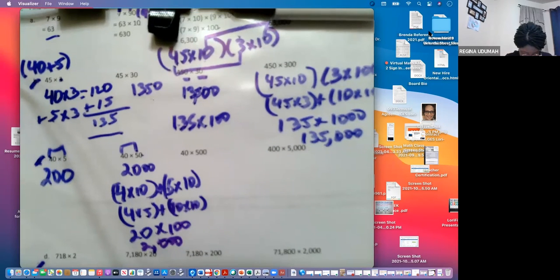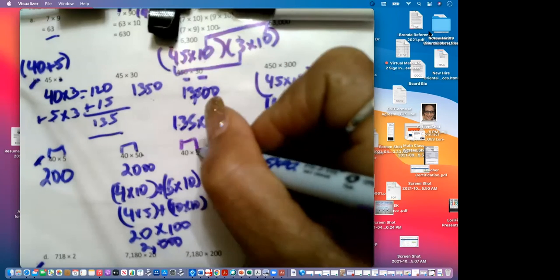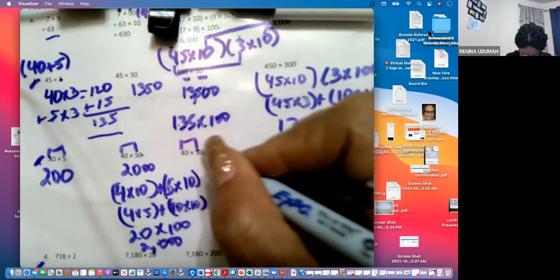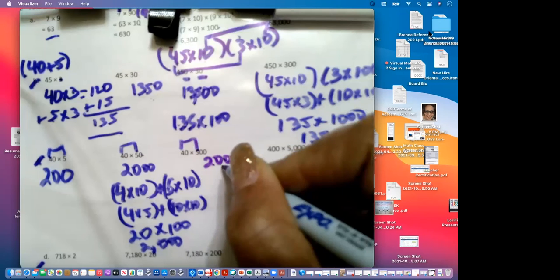So choose the strategy that's easiest for you. If you want to just multiply the basic facts, 4 times 5 is 20, add 3 zeros. It gives you 20,000.